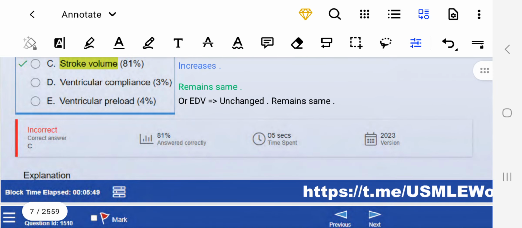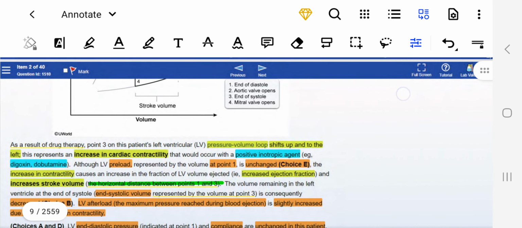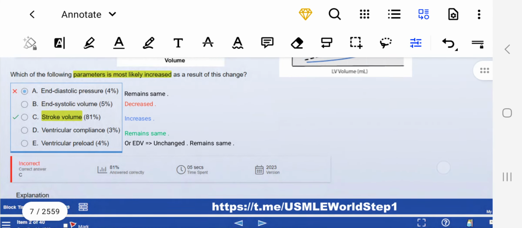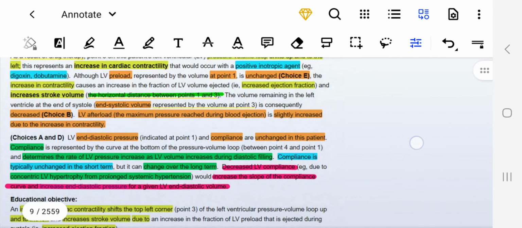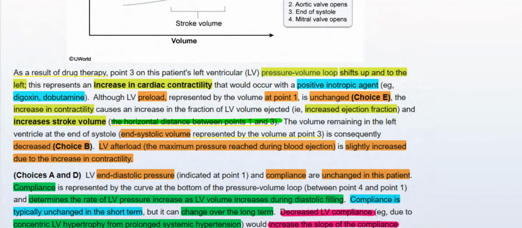Now, let us have a quick recap to this. The pressure volume loop shifts up and to the left. That is an increase in cardiac contractility, positive inotropic agents like digoxin and dobutamine, right? Preload, which is point 1, we talked about this, is unchanged, right?